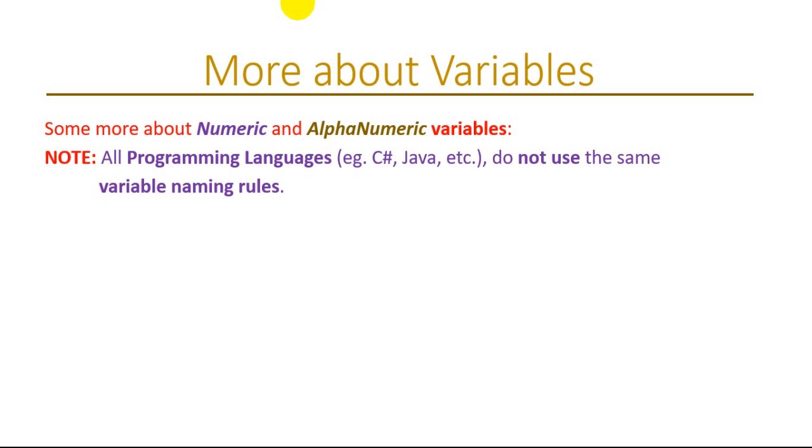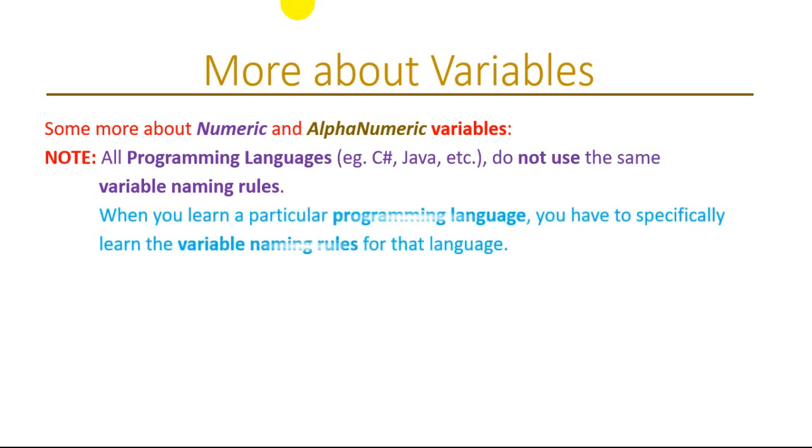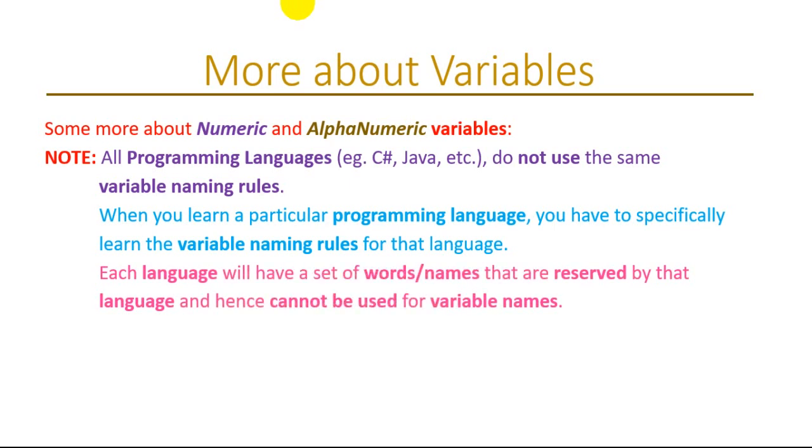So from language to language, this can differ. When you learn a particular programming language, you have to specifically learn the variable naming rules for that language. So if you are learning Java, you have to figure out what Java allows you to do in naming variables, and accordingly only you can use them. If it is C Sharp, you have to figure it out from C Sharp. If it is Python, it's Python. So the naming rules can differ from language to language.